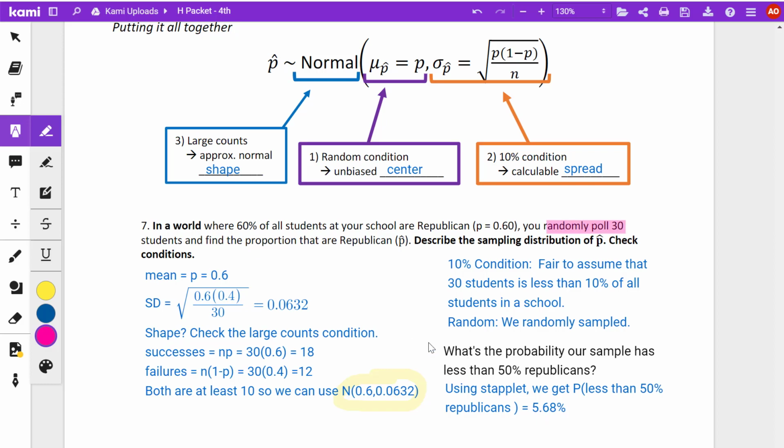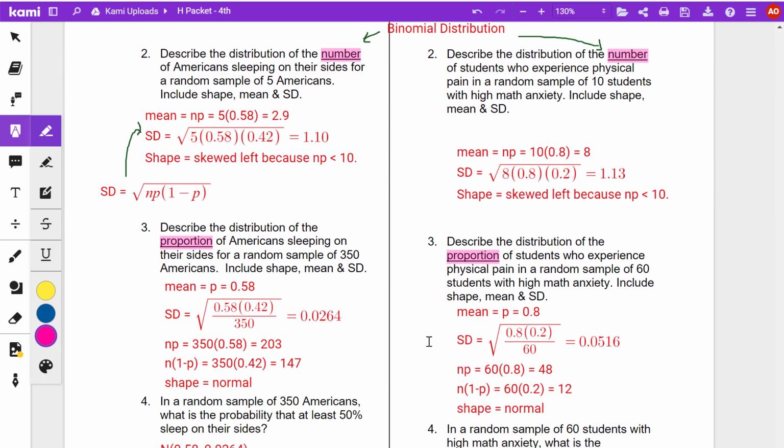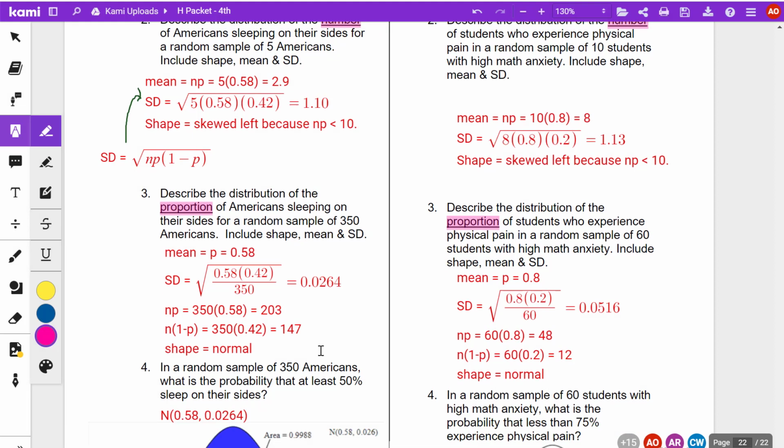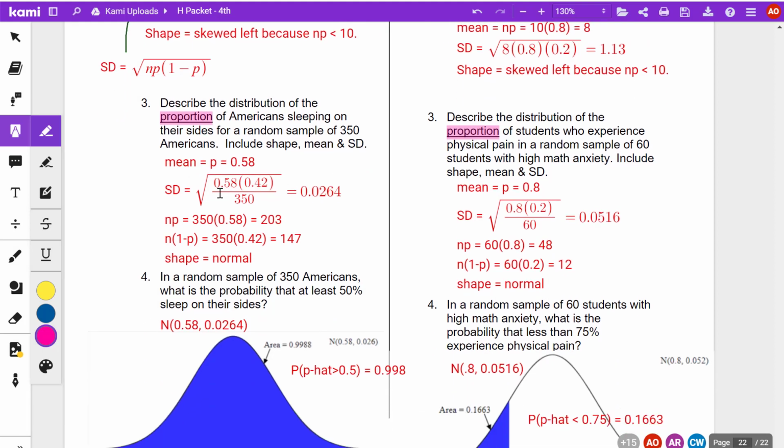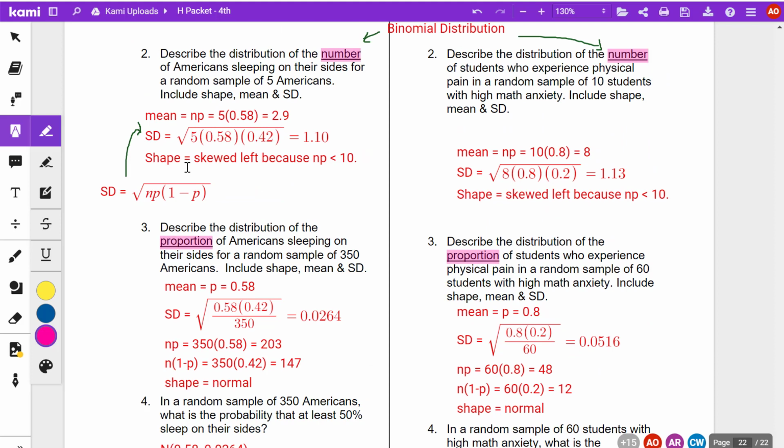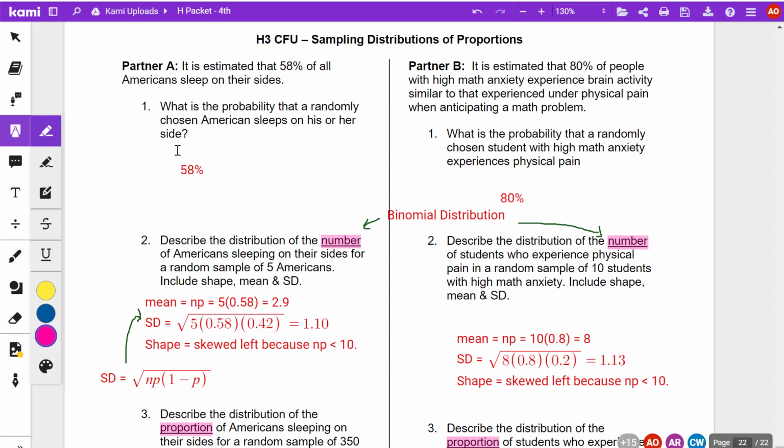So now that I've gone over that, let's go through the bottom part here, 3 and 4. We're basically doing the same thing. First of all, we're going to describe the shape, the mean, and the standard deviation. I did go in a different order. So the mean is 0.58. It's whatever this proportion is right here.